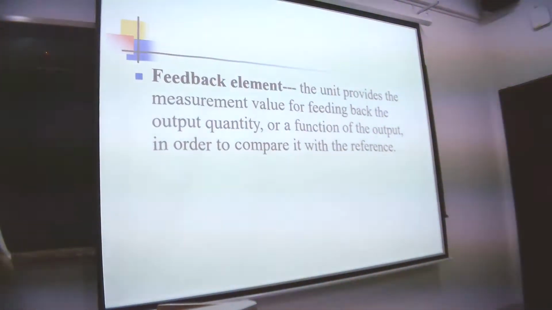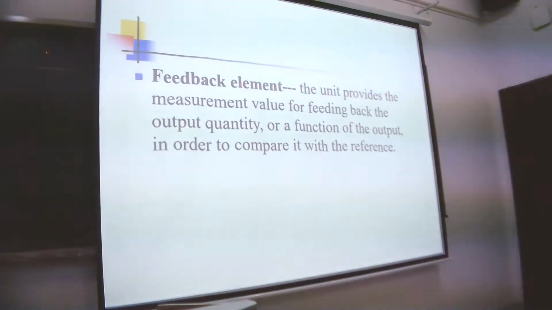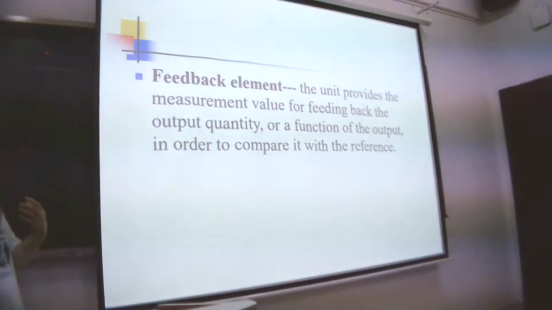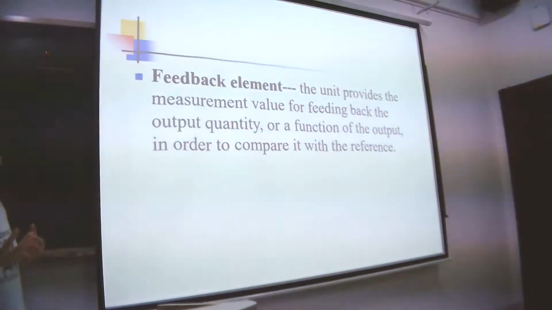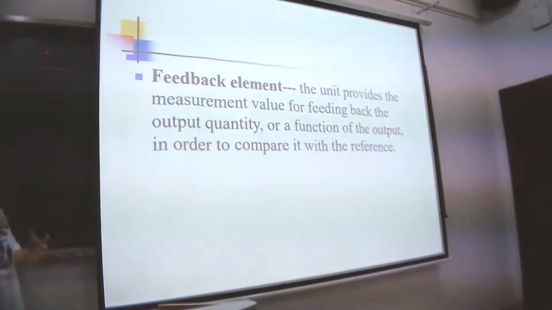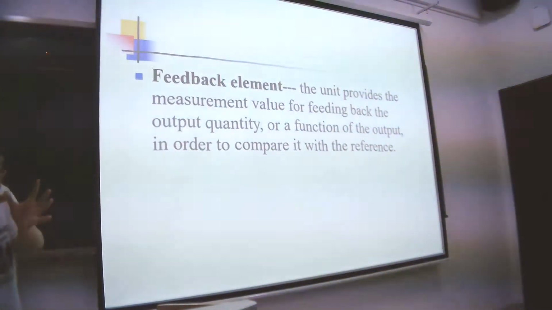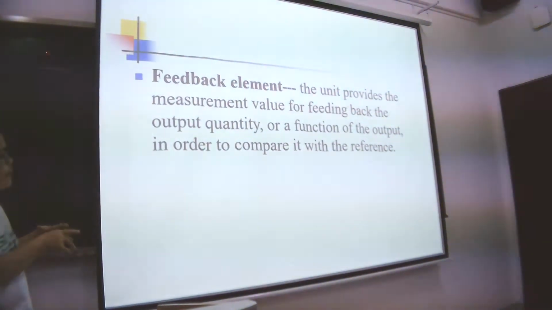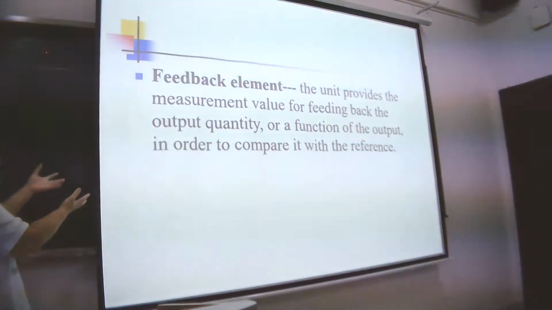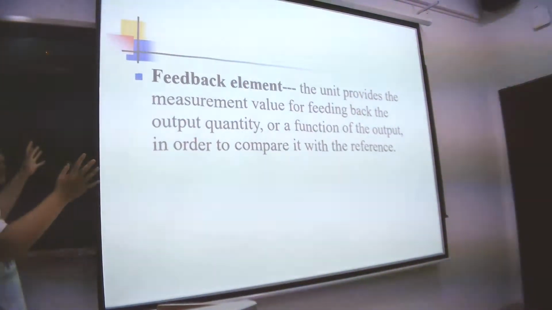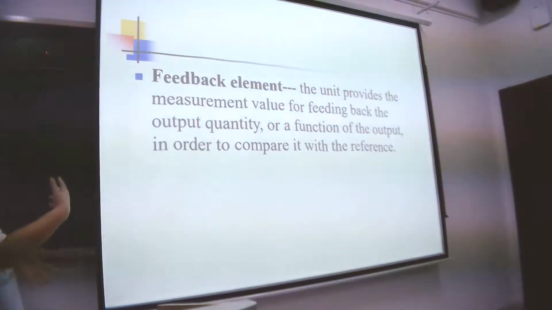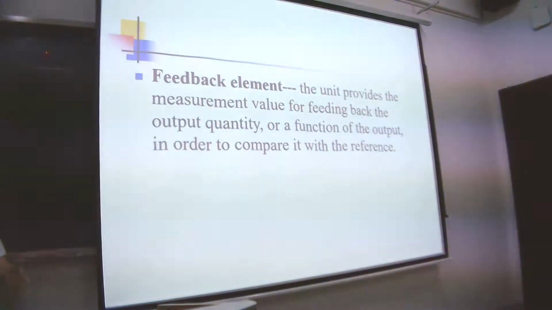We also create the observer. It is used to observe the output of these systems, and also feed back this value to the input and compare it. Then there is an error. The error will automatically drive this control.